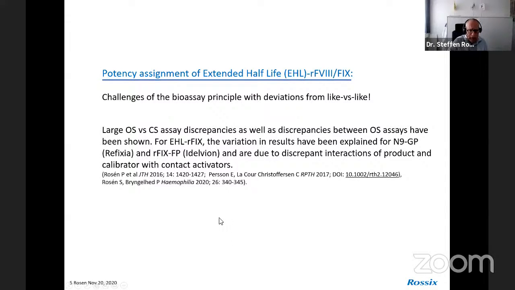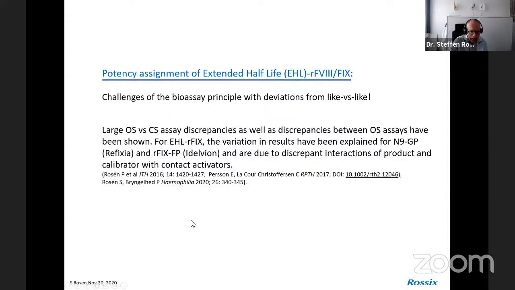It has been shown very clearly that there are large one-stage versus chromogenic assay discrepancies, as well as discrepancies between one-stage methods, for example, in EHL rFIX, the pegylated factor 9 called N9-GP and the factor 9 fused with albumin. There we could show, and other groups have shown, that the variation is due to discrepant interactions of the product and the calibrator with the contact activators.